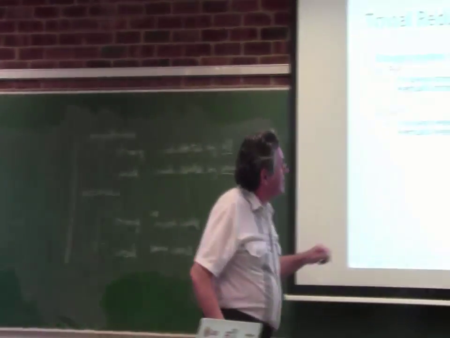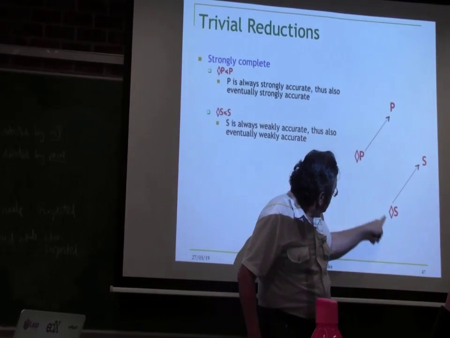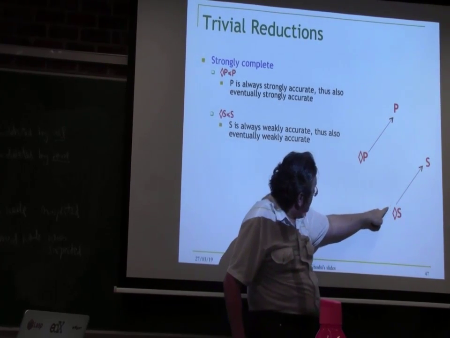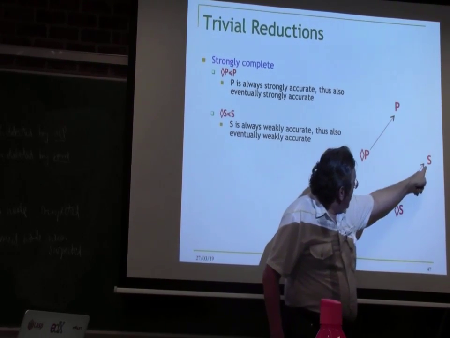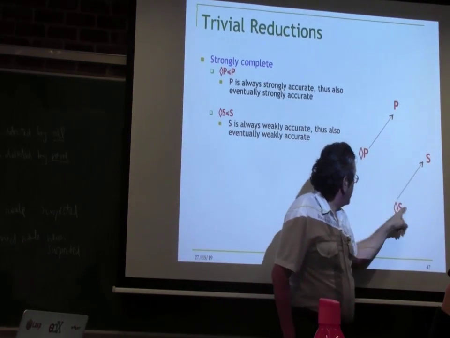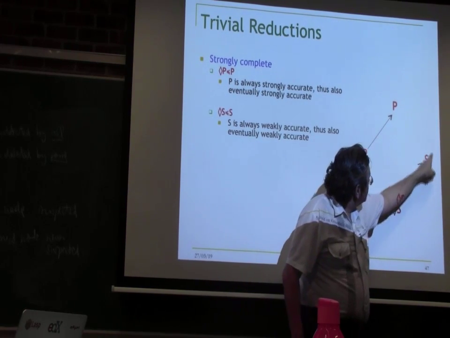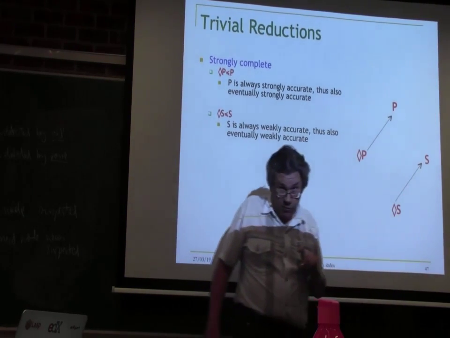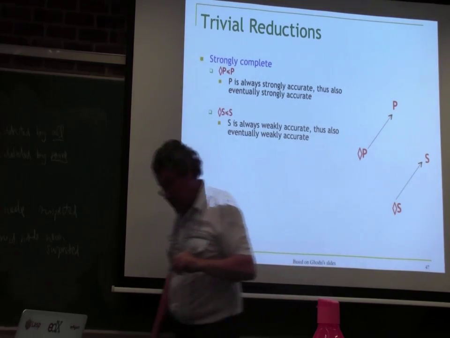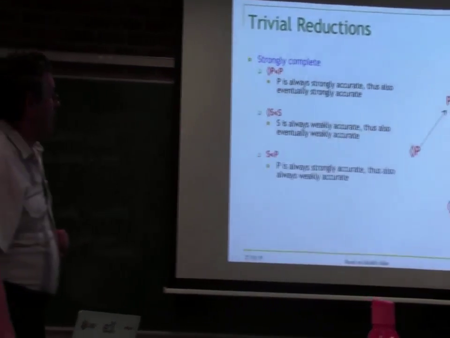So eventually S can be reduced to S, of course, because eventually S makes mistakes with respect to everybody for a while, but then S never makes mistakes with respect to that one guy, okay? A little bit subtle.